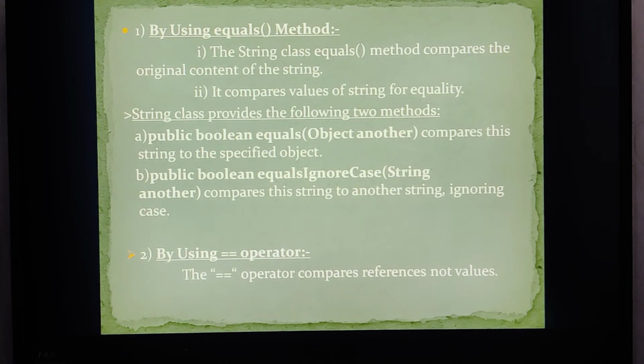So by using the double equal operator, we are comparing the references. The double equal to operator only compares the references, not values. So guys, not values.